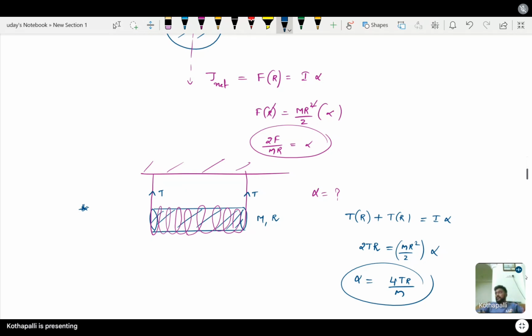If we substitute these two equations, then only we will get the exact value of alpha in terms of a or g, not in terms of T. So let it be up to T itself.